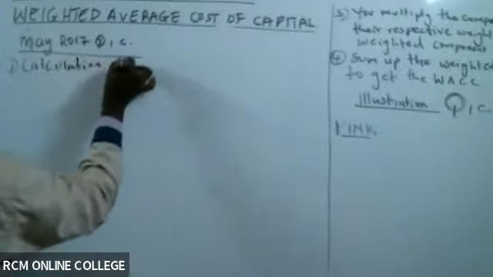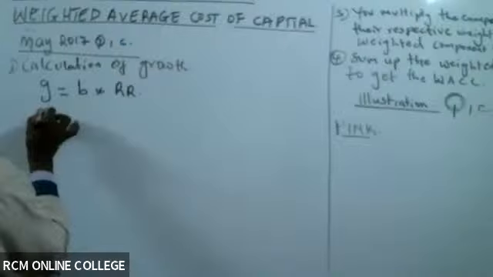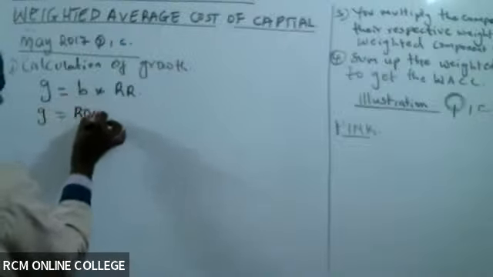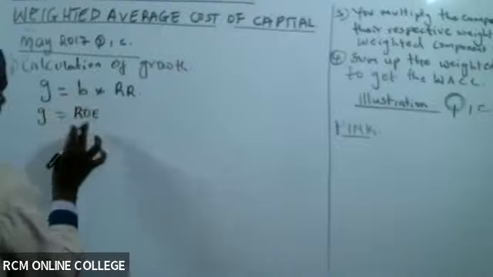The growth, tulisema inakuwa represented by G. G will be given by B multiplied by R. This one, G, will be given by B, the ROI, multiplied by the retention ratio.